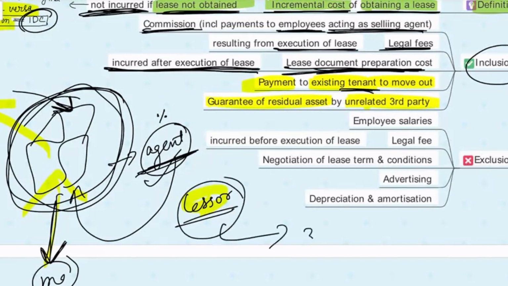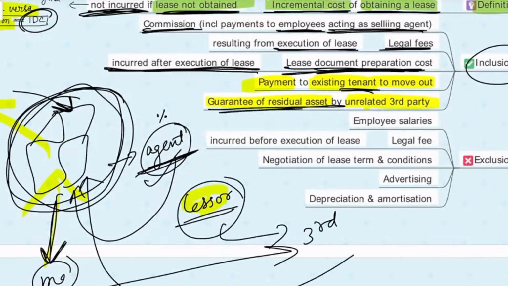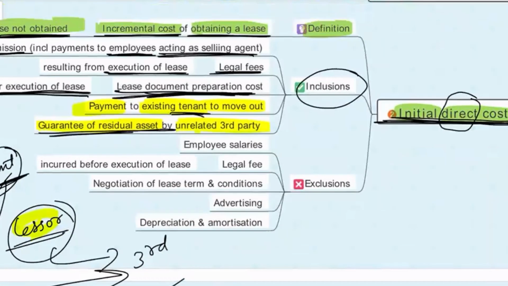So there is a third party which comes into the picture and they tell us that they will guarantee that, they are going to pay a certain amount. This third party is not a fool to just come up and give such promises. For that, we have to pay him or her something, correct? So that he is able to give a guarantee. So in such case, if you are giving the third party something, then that is also an initial direct cost.